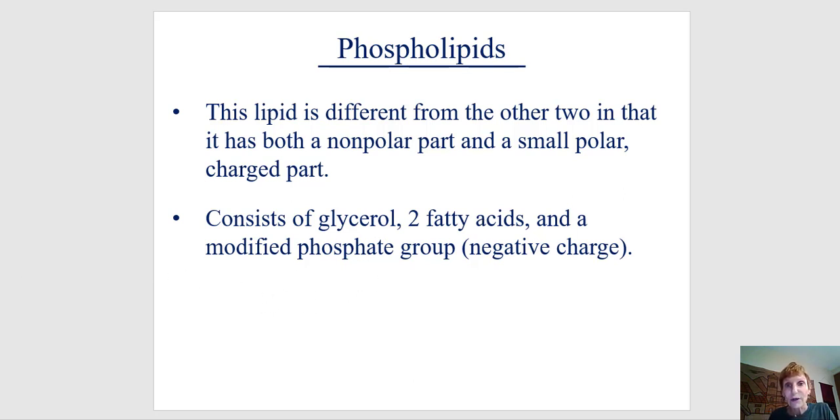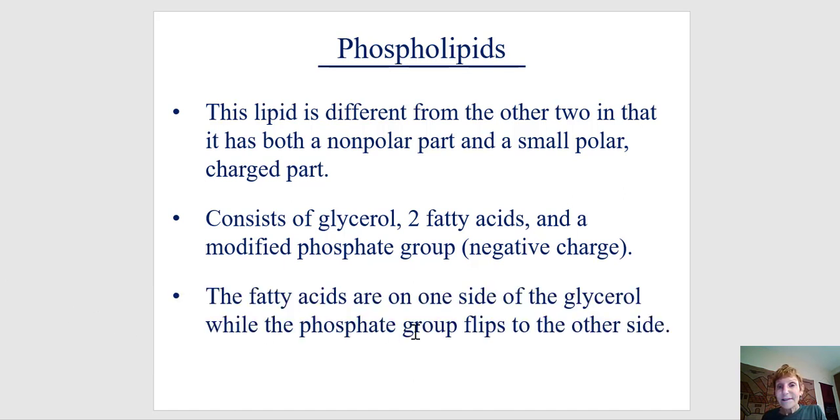Very, very different. And so what a phospholipid consists of is glycerol, 2 fatty acids, and then this modified negatively charged polar phosphate group. And so the fatty acids in a phospholipid are going to be coming off of glycerol. Remember, glycerol is a 3-carbon molecule, and then you have your 3 fatty acids in a fat. Well, the fatty acids in a phospholipid will go down, but then the third position where you normally have a fatty acid, that phosphate group does not like the nonpolar fatty acids. It hates them because the phosphate group's polar.